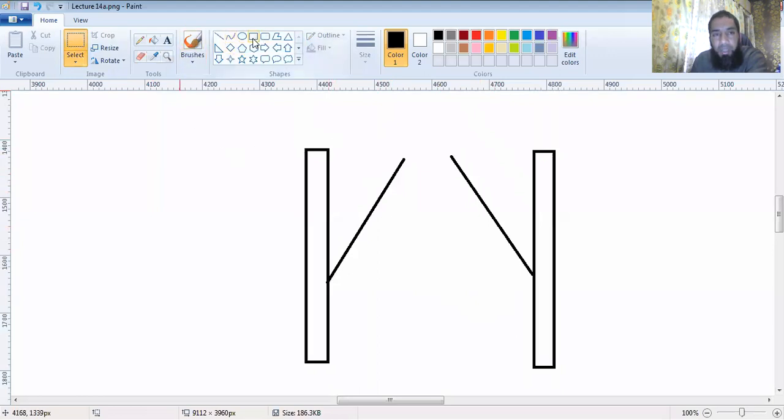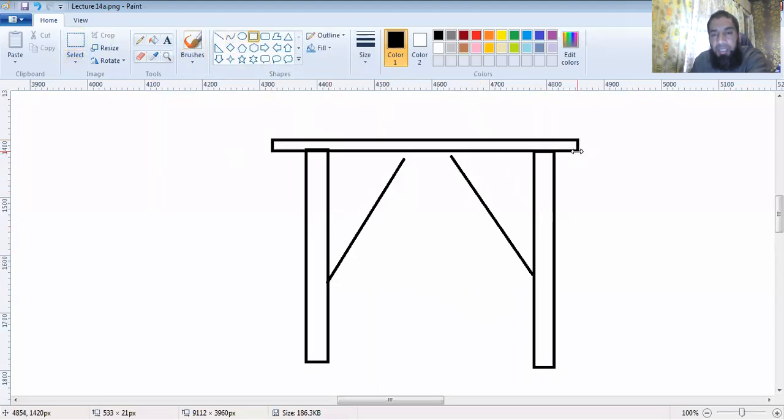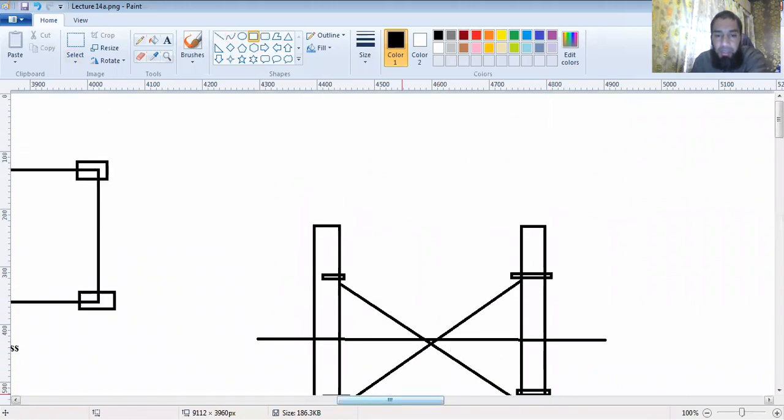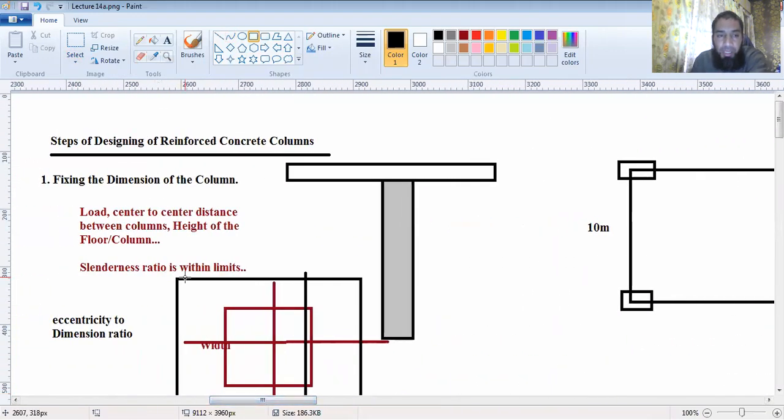So then you would have a floor here, and the braces are connecting at the top with the floor. So there are various ways of bracing the columns, and this is done to decrease the effective length of the columns. So this was about the dimensions of the column.